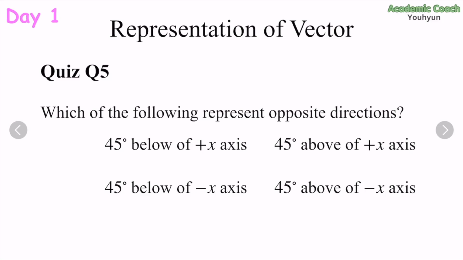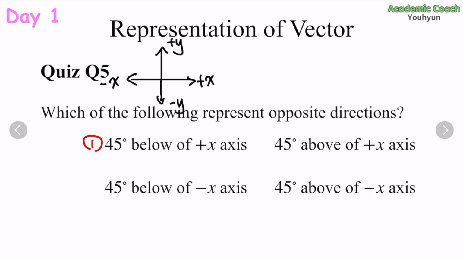And this time, instead of referring to directions using north, east, south, west, it's using positive x axis and negative x axis as reference. So this time, what I'm going to do is I will try to draw out x axis and y axis first. Okay, direction number one. It says 45-degree below positive x-axis.